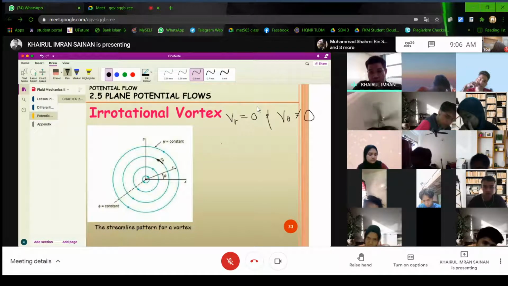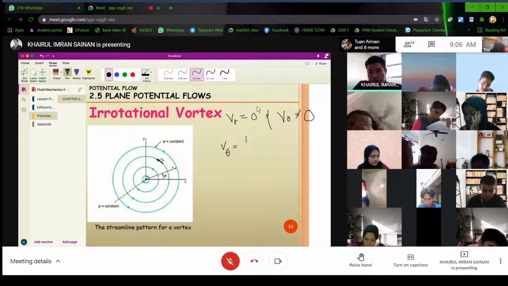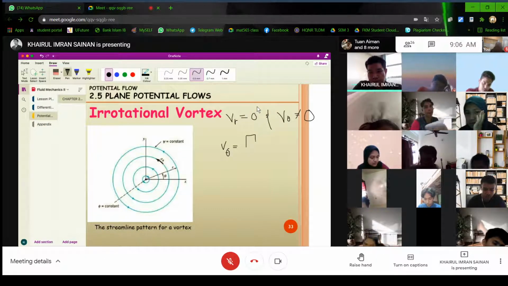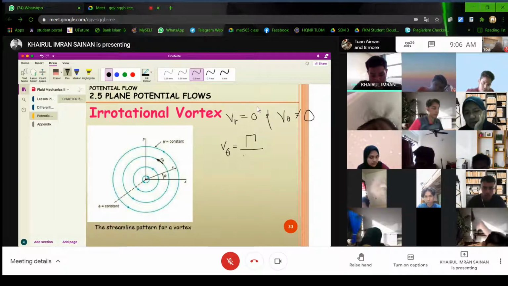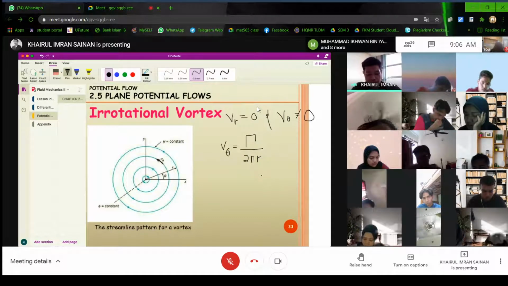So this one is V theta. So I just directly give you the value. So V theta is equal to kappa divided by 2 pi R. So that is V theta.